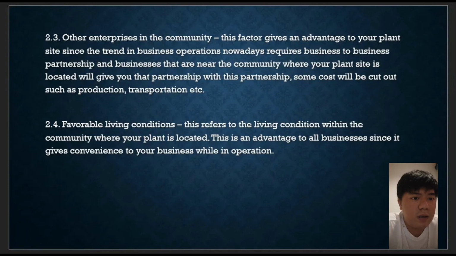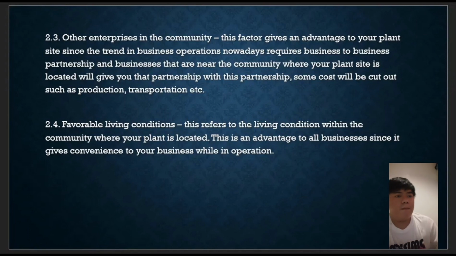This factor gives an advantage to plant site since the trend in business operation nowadays requires business-to-business partnership, and businesses that are near the community where your plant site is located will give you that partnership. With this partnership, some costs will be cut out, such as production, transportation, etc.